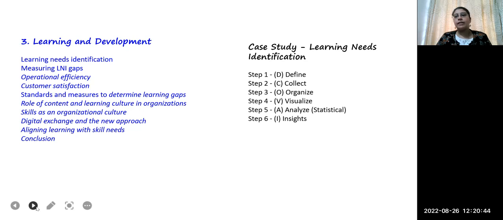So all of it that is required by a smart and vibrant learning and development team is mentioned in the theory. And the case study is based on the learning needs identification. And this is what I'm going to take you through.